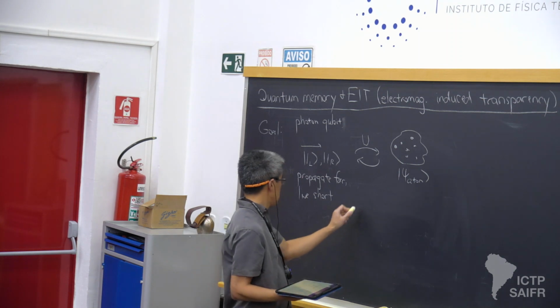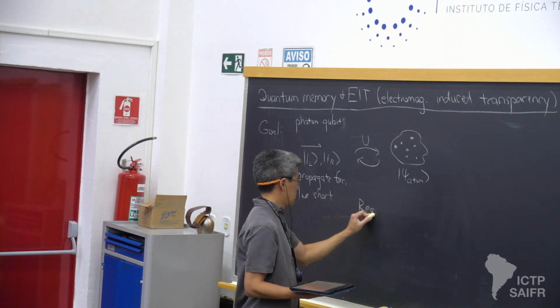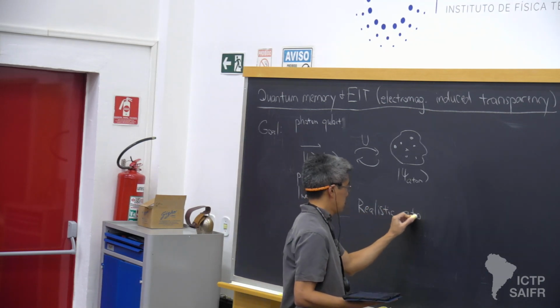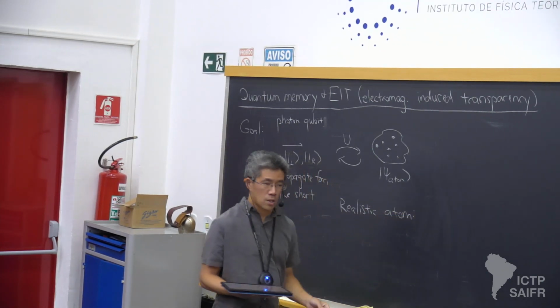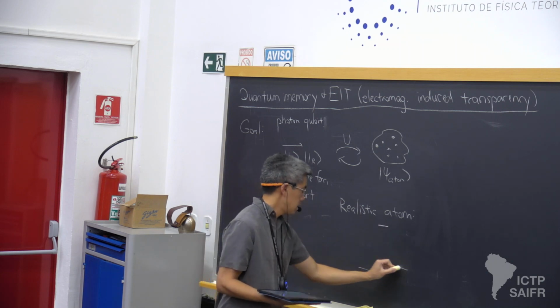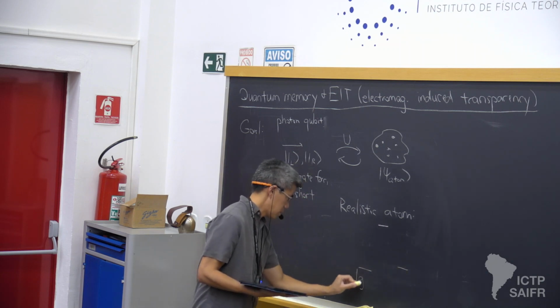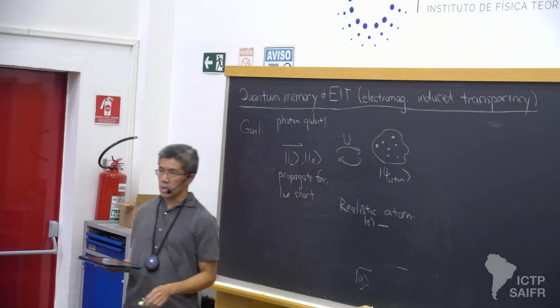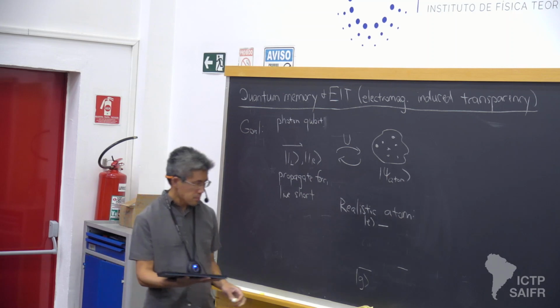So for example, a realistic atom, any of the species that people most commonly use in the lab, you would have a ground state and excited state. This is the same ground and excited state that I mentioned before.